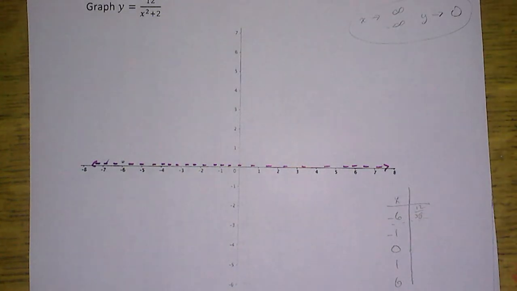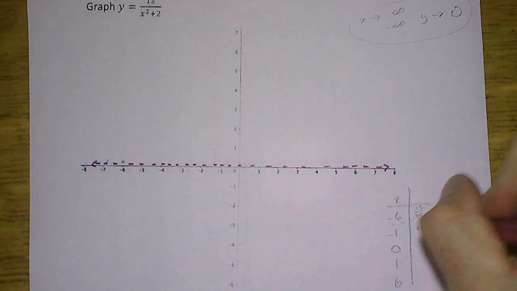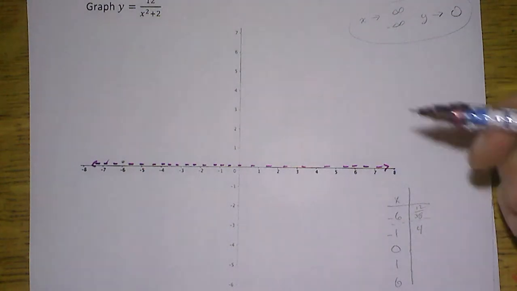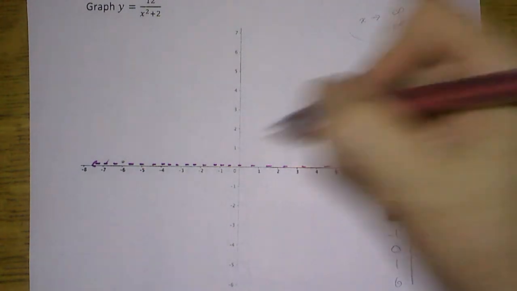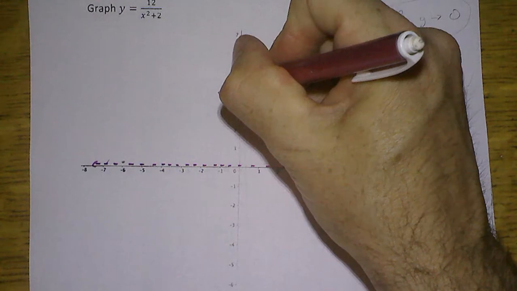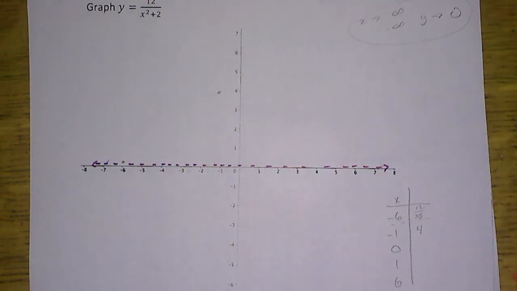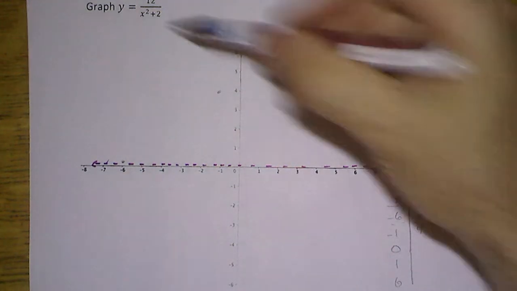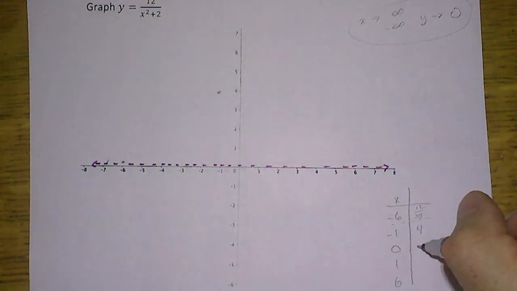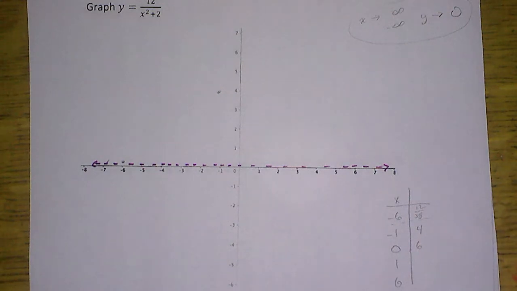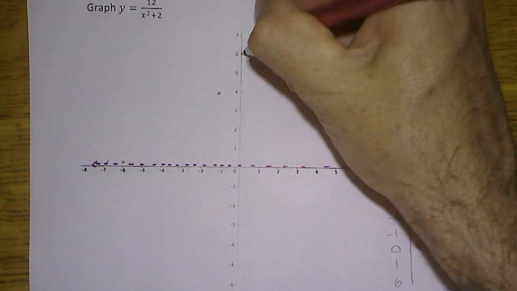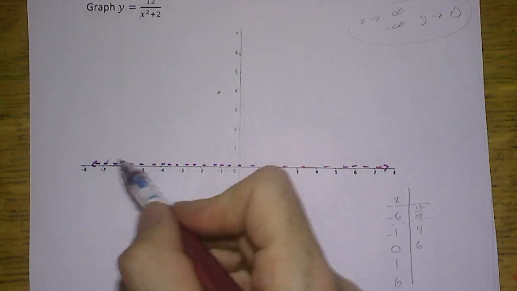My output would be 12 over 3, which is 4. So when x is negative 1, my y value is 4. When x is 0, plugging in 0 there, my y value is 6. I should write that as (0, 6). There we have it. So I have 3 dots.